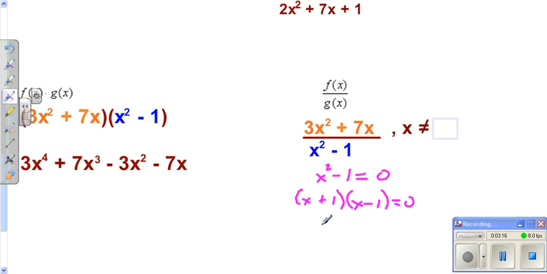So from here, you get x to be a negative 1. From here, you get x to be a 1. Those are the two numbers that you can't let x be. Because if you let x be 1 or negative 1, it would cause this expression to be undefined because you get a 0 on the bottom. So after you do your dividing, you also need to specify what you cannot use for x.